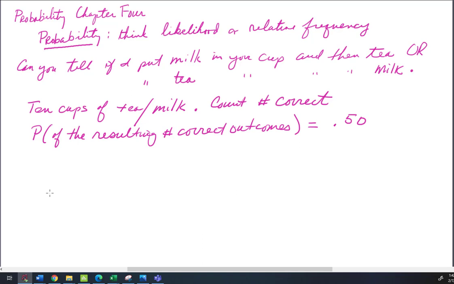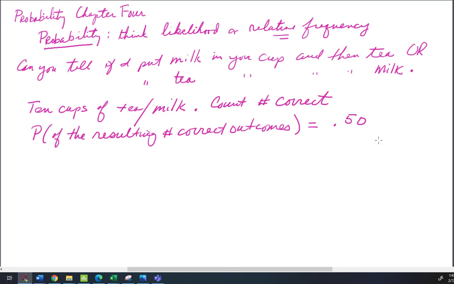Half the time, a person with no ability to distinguish would get this number of outcomes correct if the probability is 50%, because we're thinking about probability as the likelihood or the relative frequency. So if we did this a lot of times, people with no power would get about 50% correct.